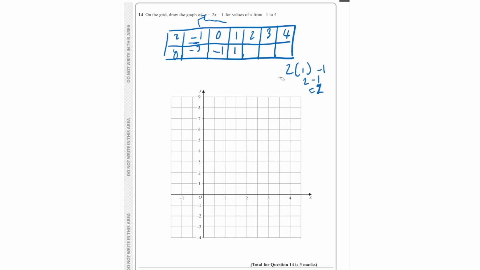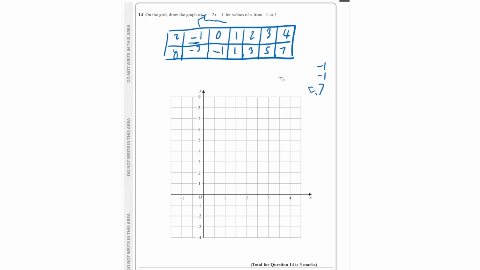So we get 1 here. 2 times 2 minus 1 is 4 minus 1, which is 3. 2 times 3 minus 1 is 6 minus 1, which is 5. And 2 times 4 minus 1 is 8 minus 1, which is 7.